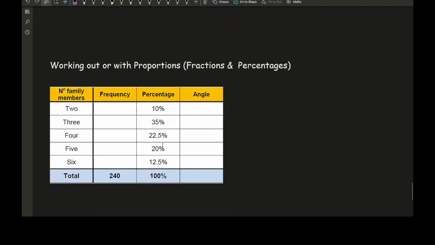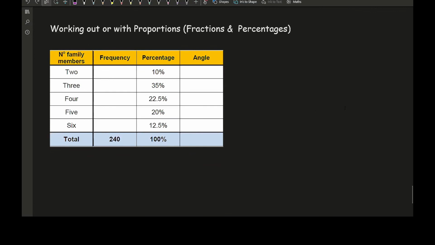So let's have a look at this question. In this particular question, we'd be given the percentage. Now for this, we haven't been given a pie chart, but a question could easily ask you to work out what the angle hypothetically would be if you had to draw it. We know that there are 200 and we know what the total frequency is going to be. What I need to do is work out the angle.